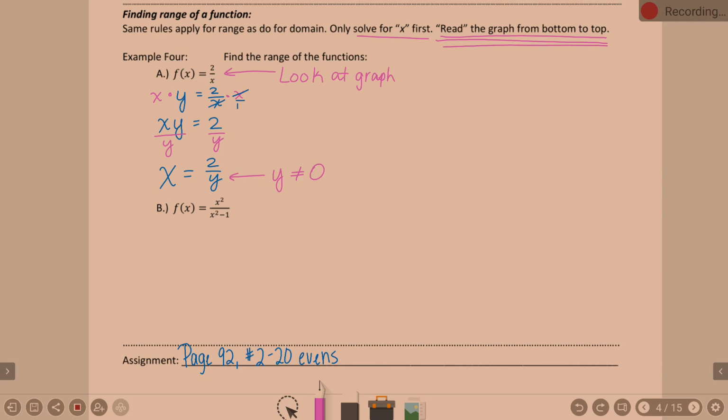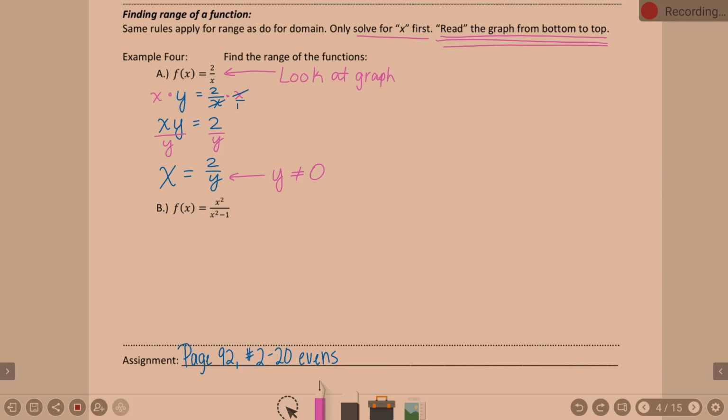What's happening on the x-axis? There's a horizontal asymptote, right? We just said that y can't equal 0. Do you see in your graph how it appears there is a horizontal asymptote? I'm not saying you physically see the asymptote, but do you see how the graph is shooting off to each side? And that's indicating there's an asymptote. So right there, that's how I can tell, okay, this 0 doesn't exist.